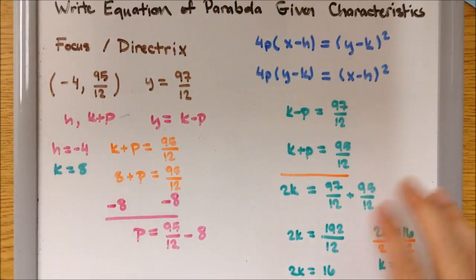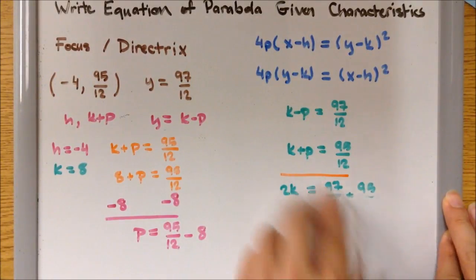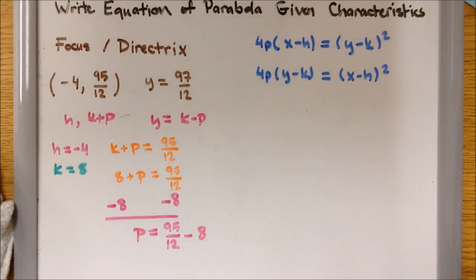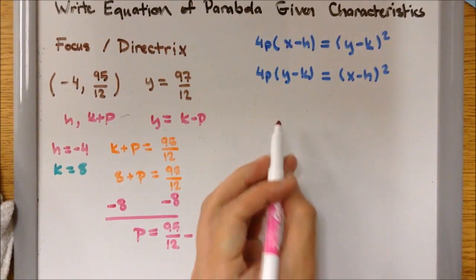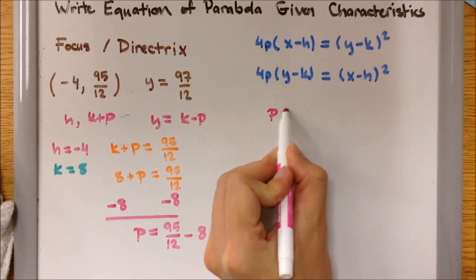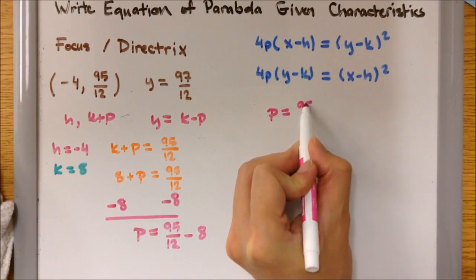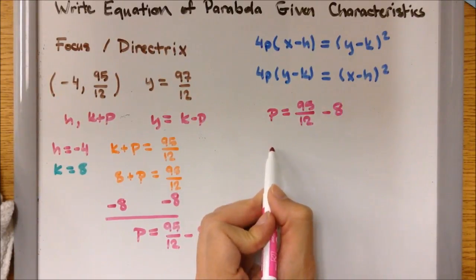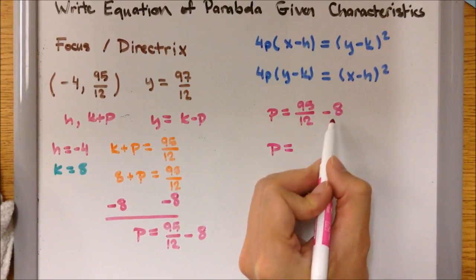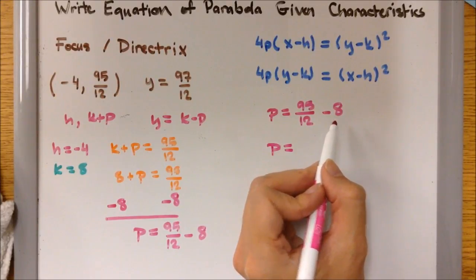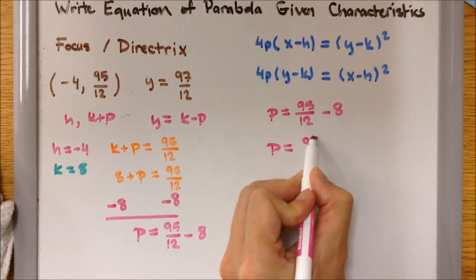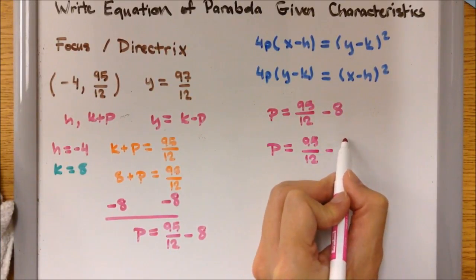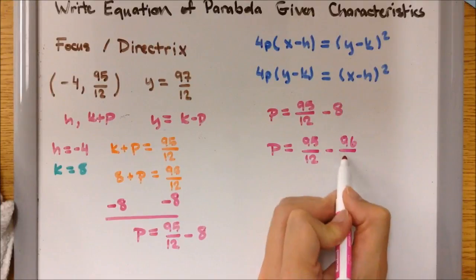Alright, I'm going to erase to make more room. So p will equal 95 over 12 minus 8. What I'm going to do is change 8 into a fraction with a common denominator of 12. So it's going to be 95 over 12 minus 96 over 12.